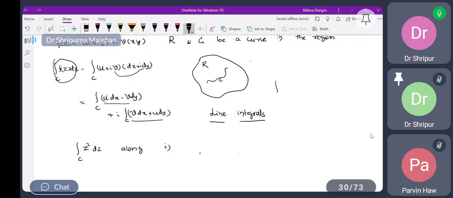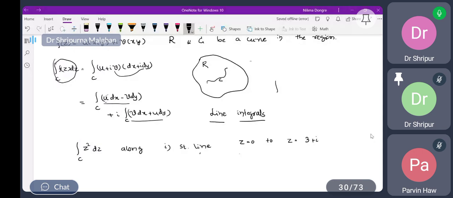First, along the straight line from z equal to 0 to z is equal to 3 plus i.